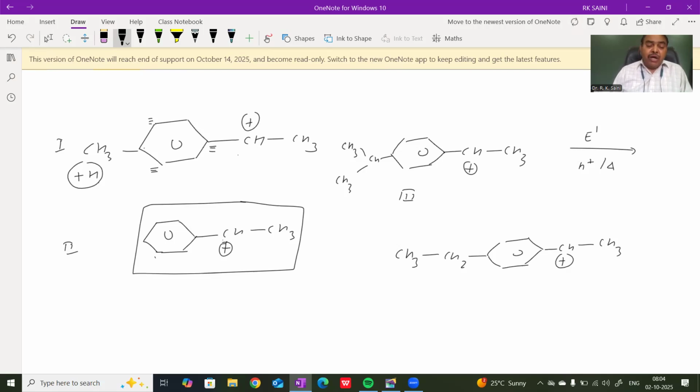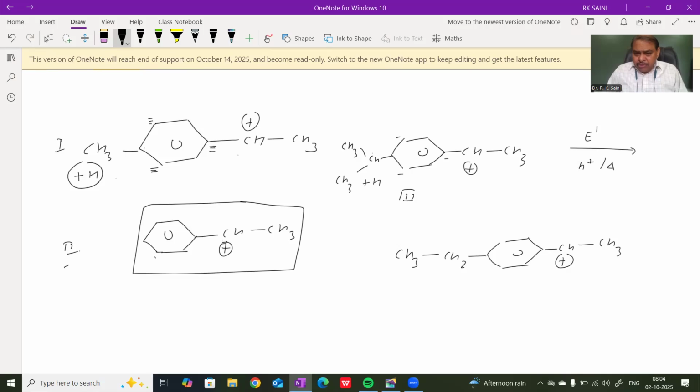Therefore, this cation is more stable than second. In case of third, only 1 alpha H is there. Therefore, its carbonium ion is more stable than second but less stable than first.